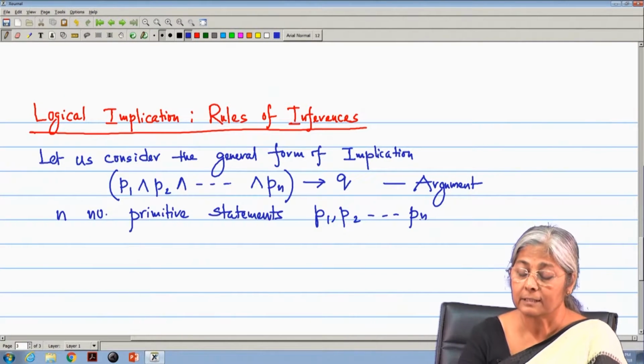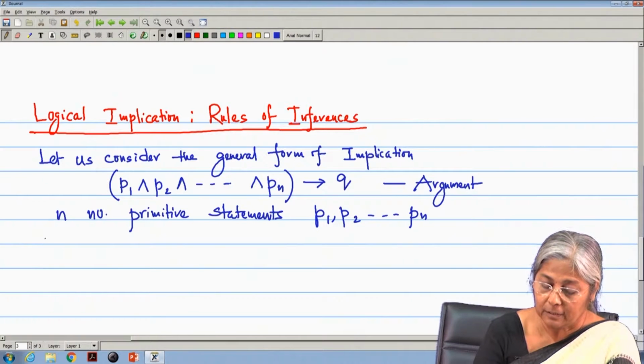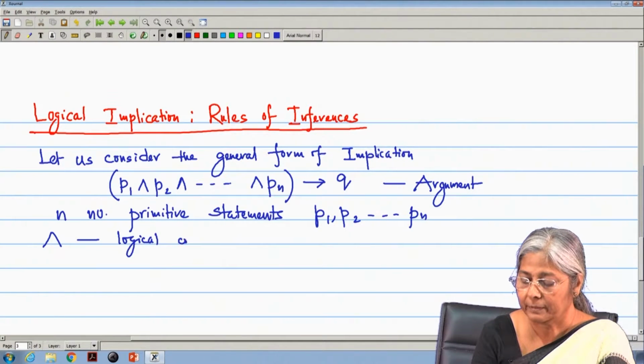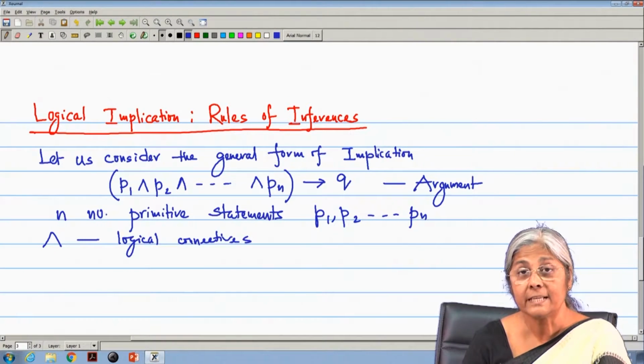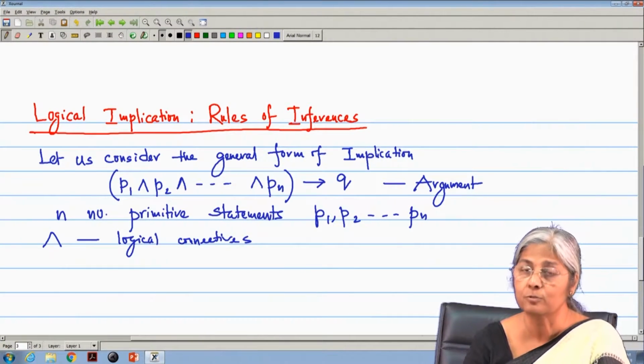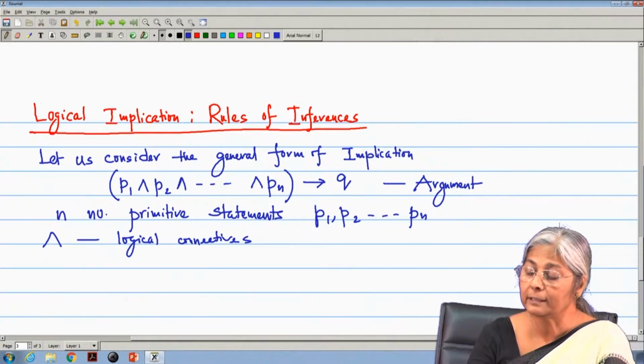Since they are logically connected with the connective and, that is conjunction, if each of the primitive statements P1 to Pn is true, then the left hand side will be true, since it is a conjunction, and then Q will be true.